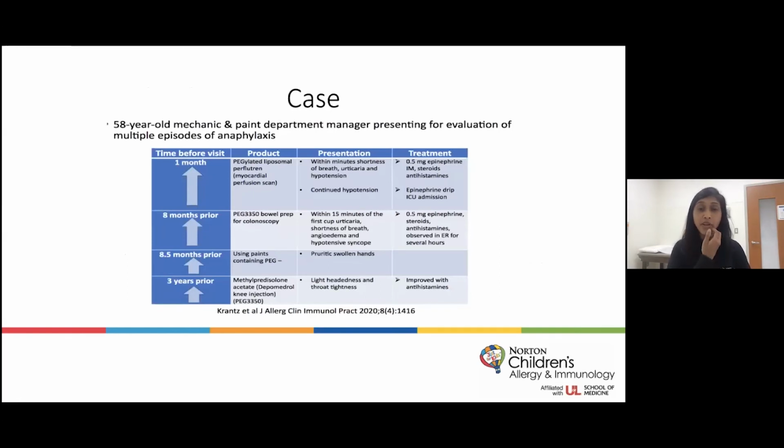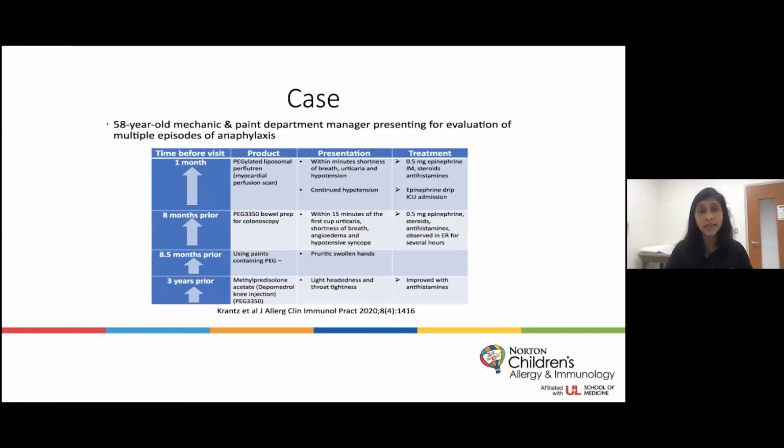So I did want you to be familiar with how PEG anaphylaxis or PEG allergy presents. It's a very peculiar allergy because it gets worse on repeat exposure. So this is a case that I was involved in during fellowship.